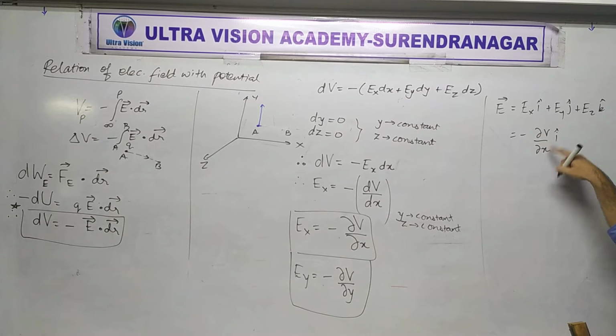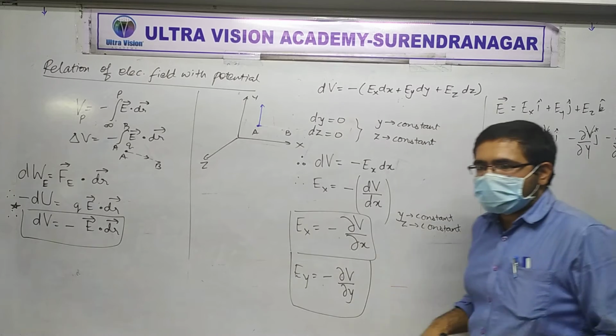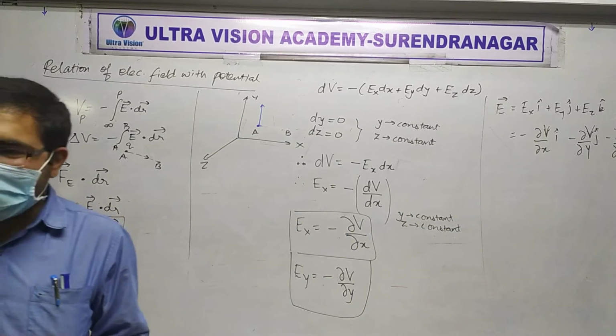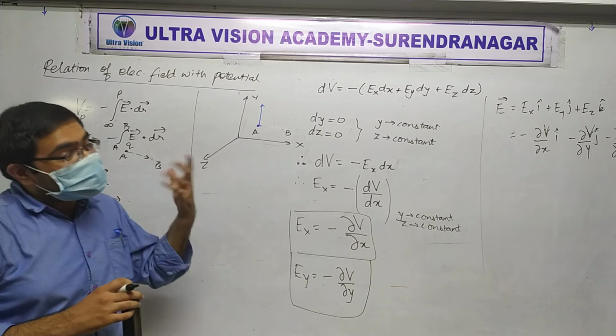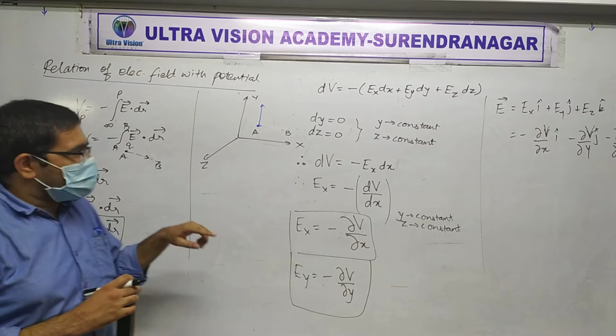Minus del V by del x i caret minus del V by del y j caret and minus del V by del z k caret. Clear? This is how you can find out electric field from potential.